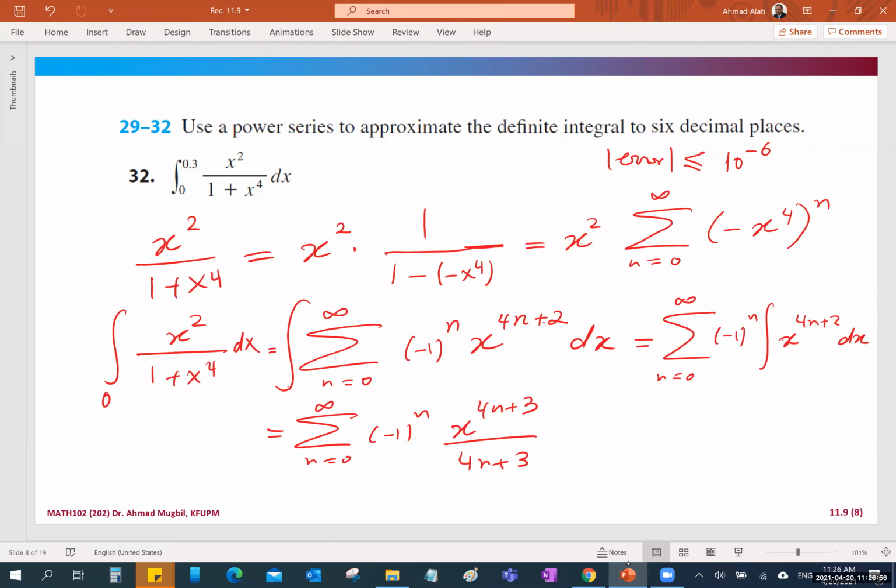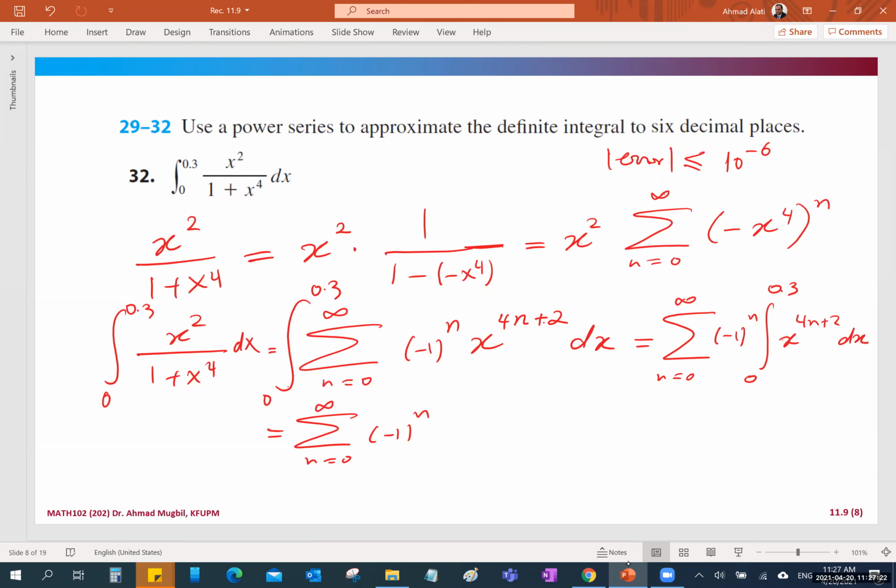For the definite integral, this will be from 0 to 0.3. If you substitute by 0.3, you will have 0.3 here. And when you substitute by 0, you will get 0. So it is gone. We are left with this.